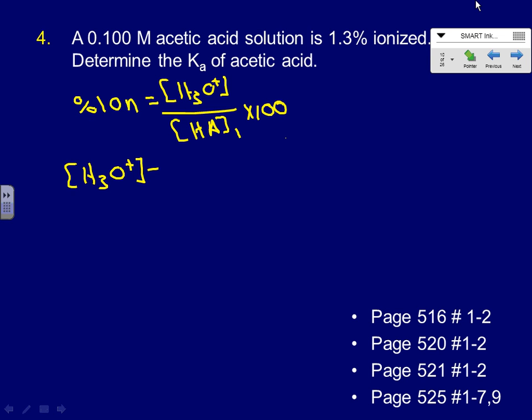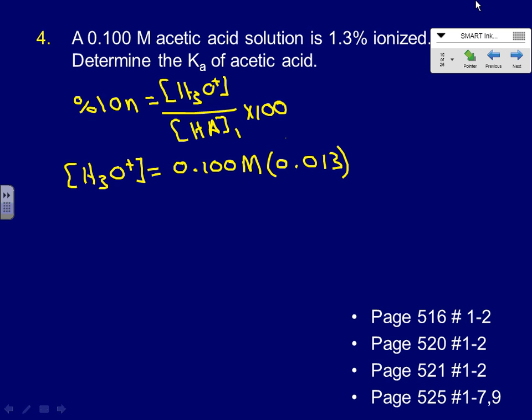H3O plus comes from the fact that 1.3% of this gave up its H's. So really I'm looking just for 1.3% of the initial concentration. And I can write that down as simply 0.100 molar times 0.013. That's 1.3% as a decimal.